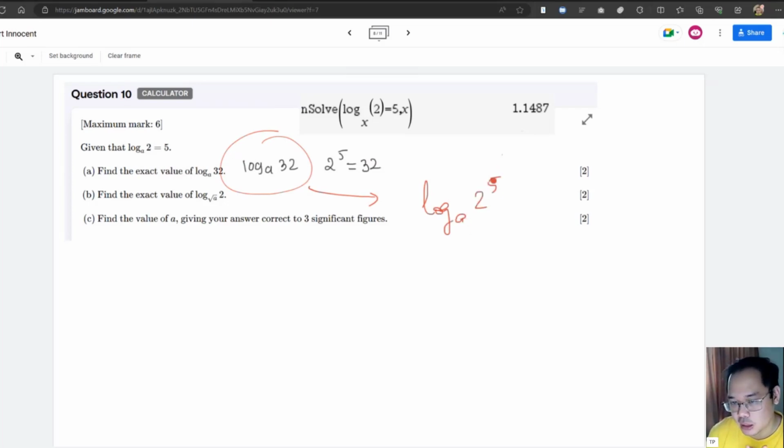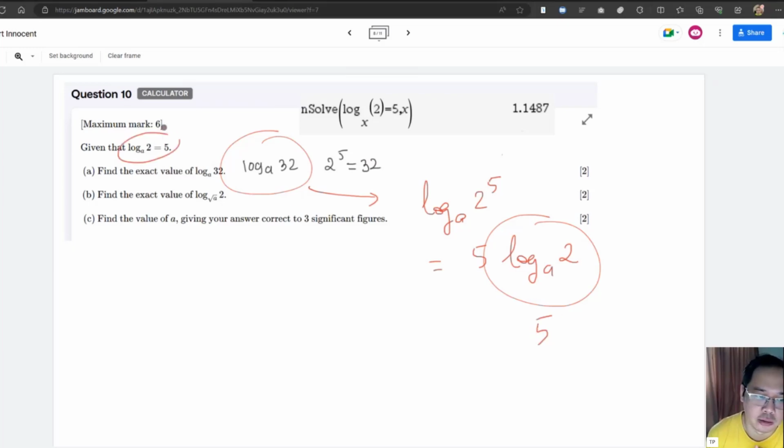And then we can bring the indices to the front, equal to 5 times log A of 2. Okay, and log A of 2 here is the value 5 in the problem. So 5 times 5 is 25.